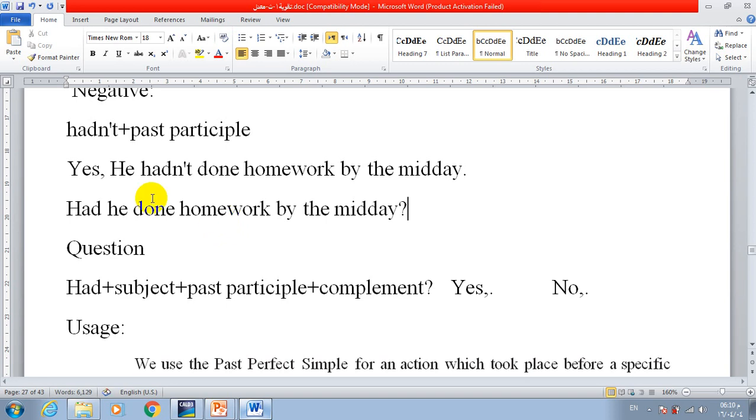This is the question from this sentence. When I put yes in the beginning, I must start the question with had and put the subject noun or pronoun after had, like you see, had he. And after that, the past participle done and complete the sentence.